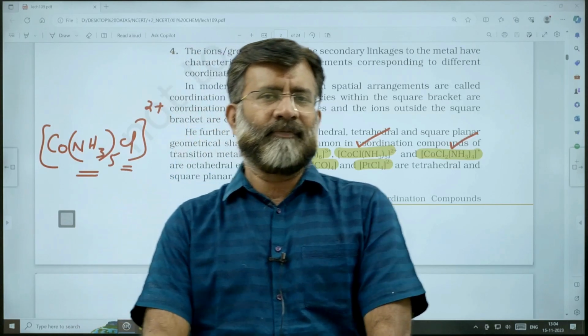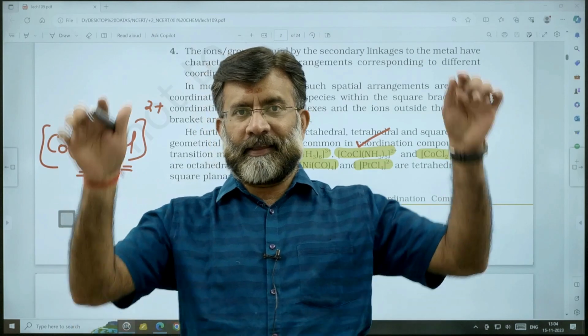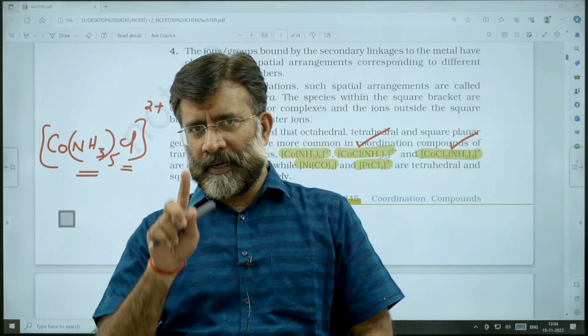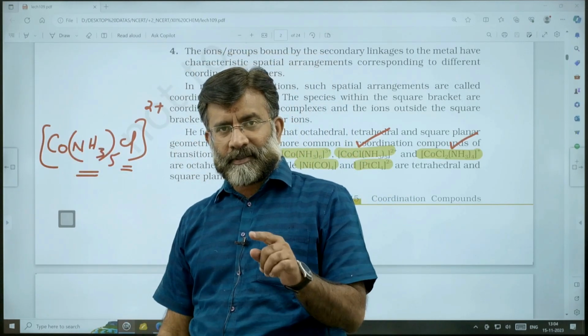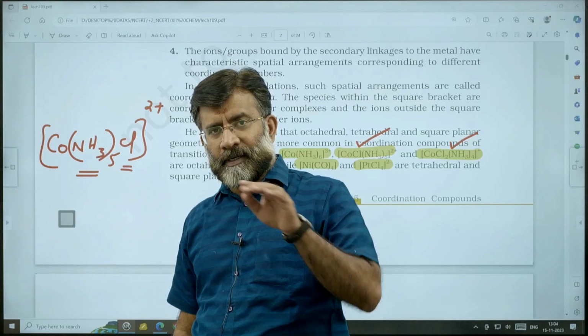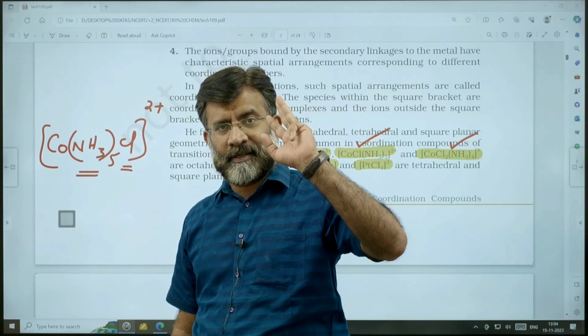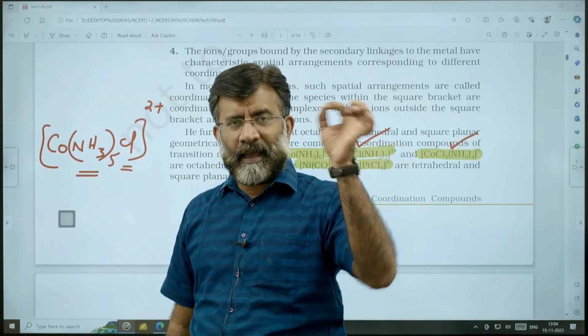When you write the formula of complexes, number 1, the entire system should be in square brackets. Number 2, the metal should be written first. Number 3, ligands are listed in alphabetical order. Ammonia, A, first, chlorine, C, next.